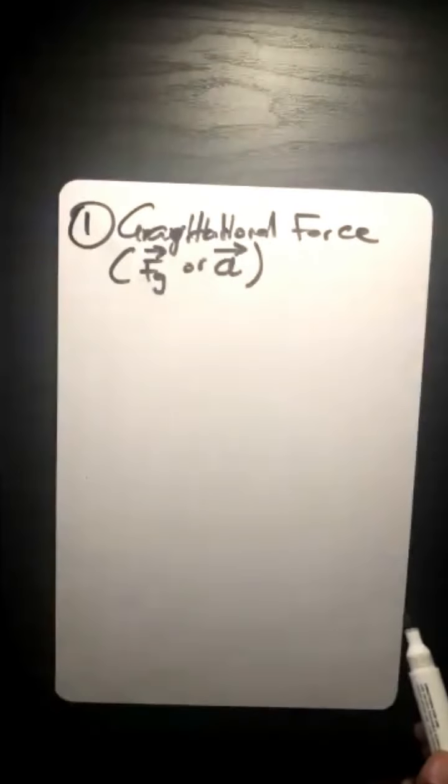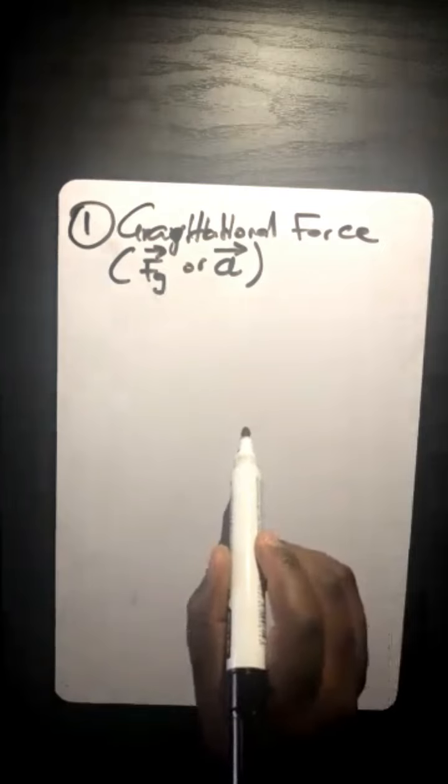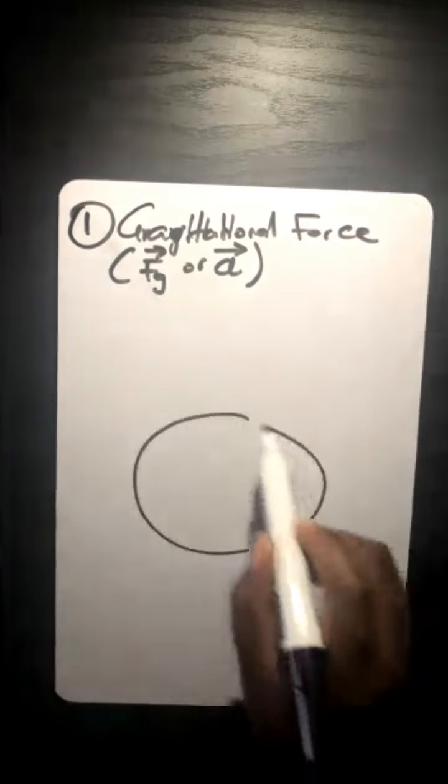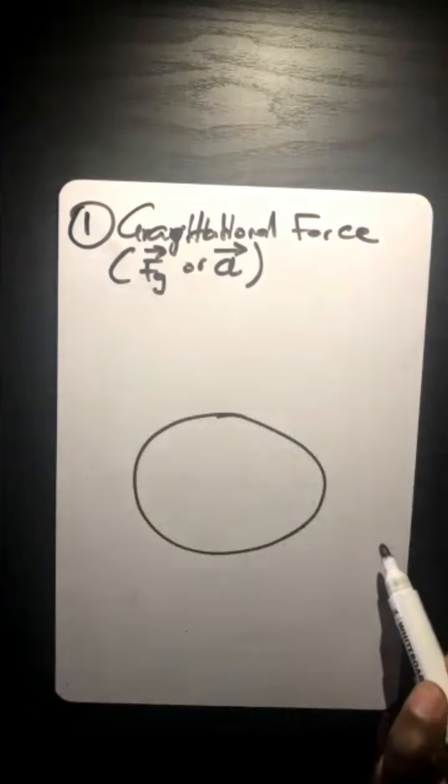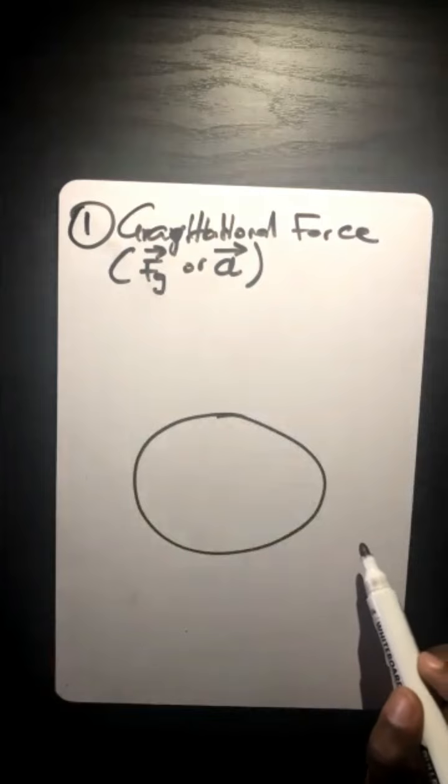I'm just going to be mentioning all the important stuff in relation to gravitational force. Gravitational force is the force of attraction that the earth exerts on an object above its surface. I hope you guys know very well that the earth is circular. You do know that very well, ladies and gentlemen, don't you?